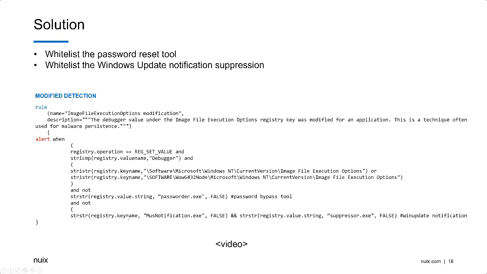And then in the other case, it has to be a combination of both the key name, mustNotification.exe, and the process that is used to actually suppress the Windows Update pop-up window. And again, I'm using different names here to sort of protect the detection. But the combination of those two things, if that occurs, then we want to ignore this type of alert.